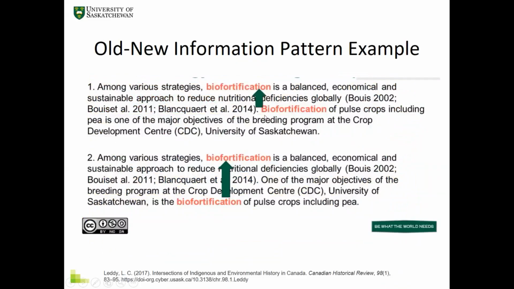Here's one more example. Biofortification is mentioned at the beginning of the first sentence, and it's mentioned again at the beginning of the next sentence. It's fine, but you can make it a little bit stronger. Actually, the first one is better. You have the old information at the beginning of the second sentence.